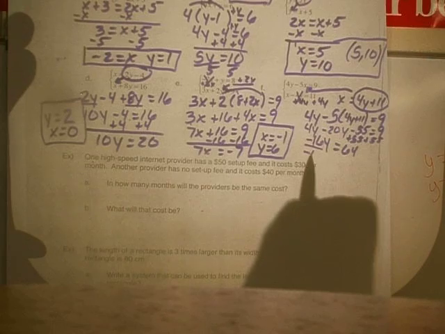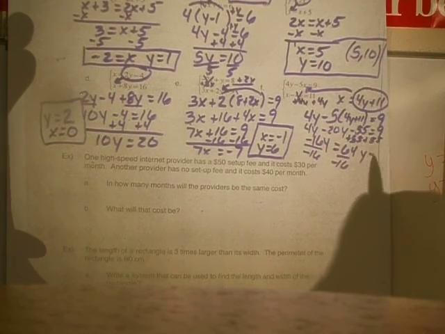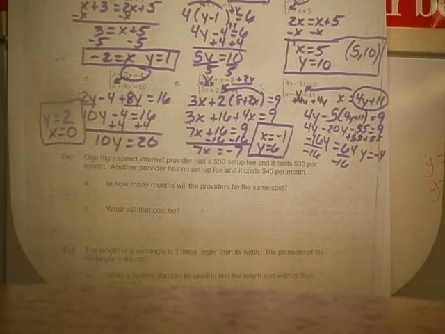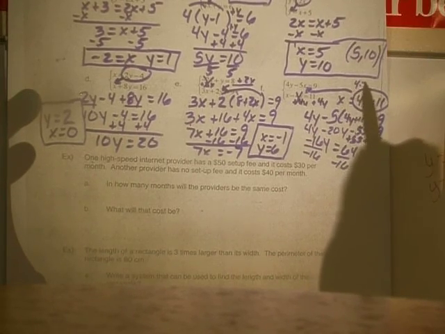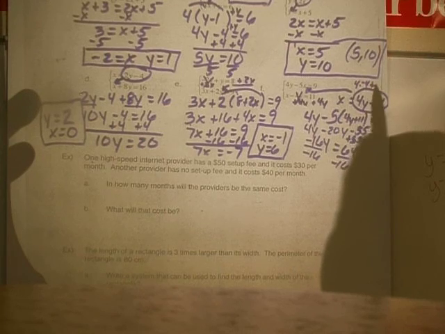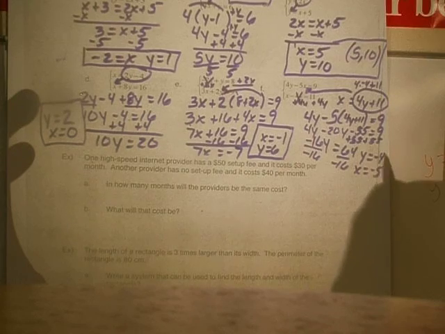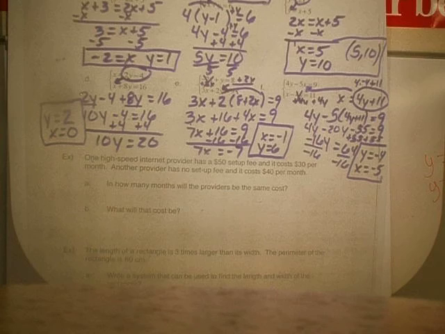And when you divide both sides by negative 16, you are left with y equals negative 4. And then you can put that into any of these equations. I'm going to put it into this one. 4 times negative 4 is negative 16, plus 11 is negative 5. So your answer for that one: x is negative 5, y is negative 4.